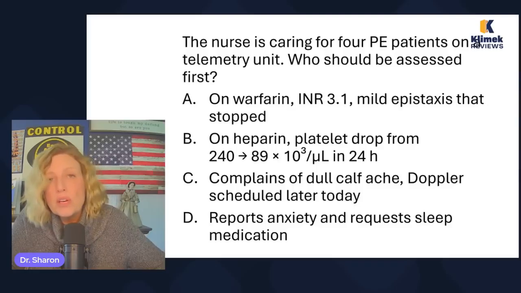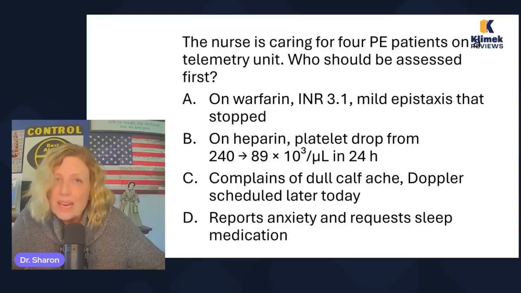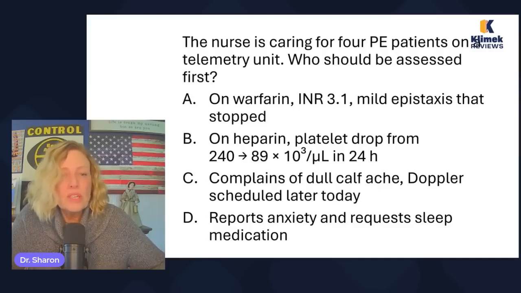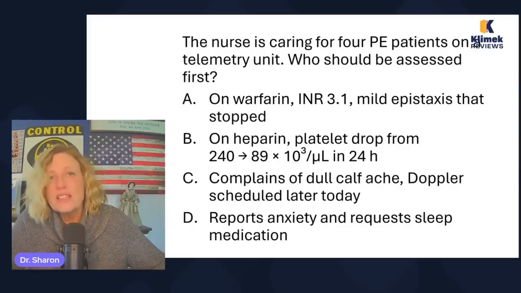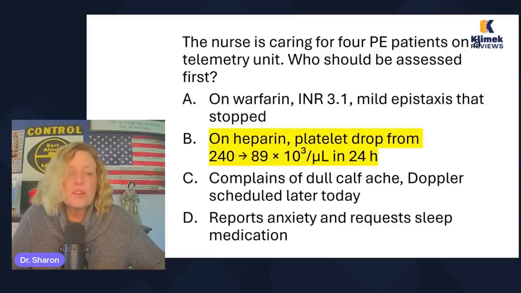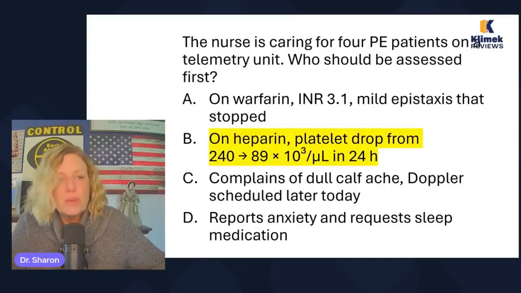The number one cause of a PE is a DVT, so does it surprise us that someone might have a DVT? Of course not. And they're scheduled for the test that they should have. So it's all good. Reports anxiety and requests sleep med. Those are very vague symptoms, not enough for me to be concerned about. So I have to be concerned about the heparin-induced thrombocytopenia.